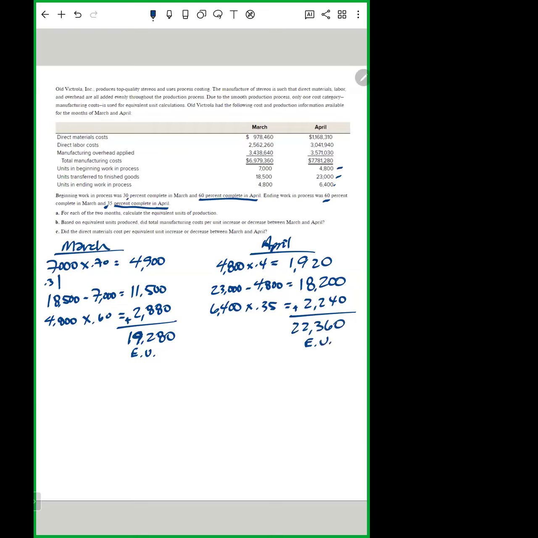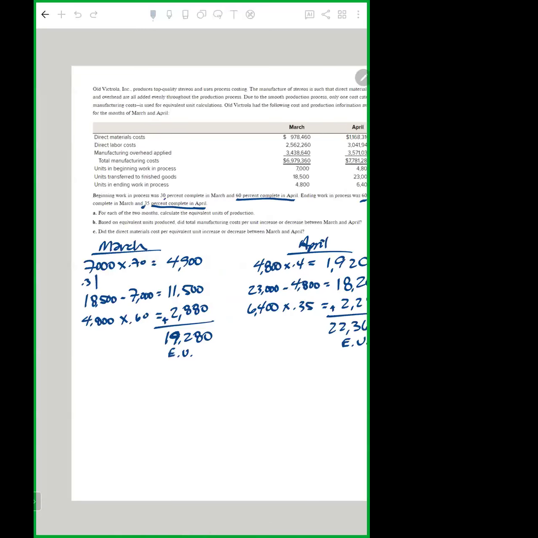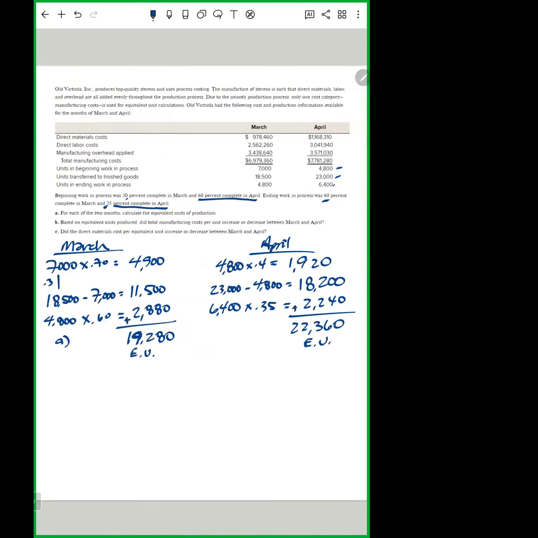So now I have equivalent units for March and for April. The problem then says, based on the equivalent units produced, did total manufacturing cost per unit increase or decrease between March and April? So I need to take total manufacturing cost and divide by the units to get a cost per unit. So this row is A, right? These pieces of information.